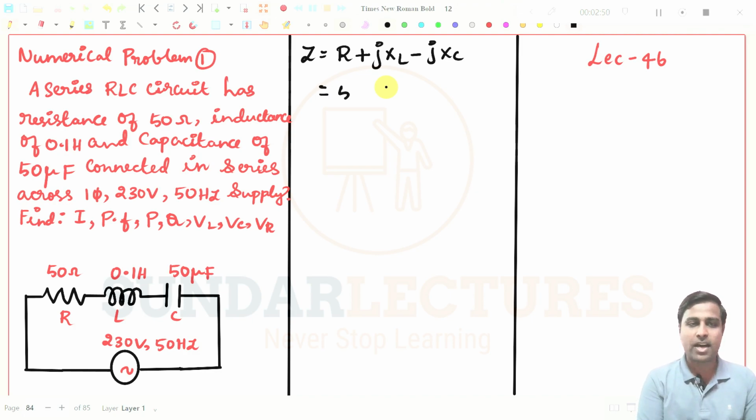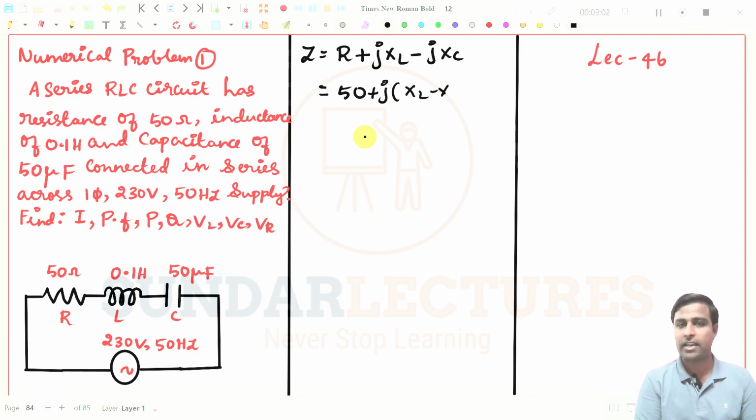What is R here? That is 50 ohms. That is 50 ohms plus j, you take this j outside commonly, then it will be XL minus XC. This is the formula. And if you want to find XL, XL will be equal to 2 pi fL. So we know everything now.